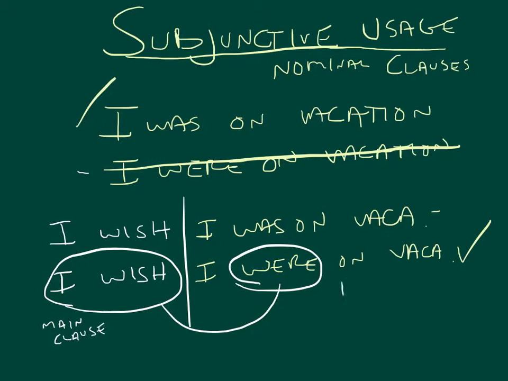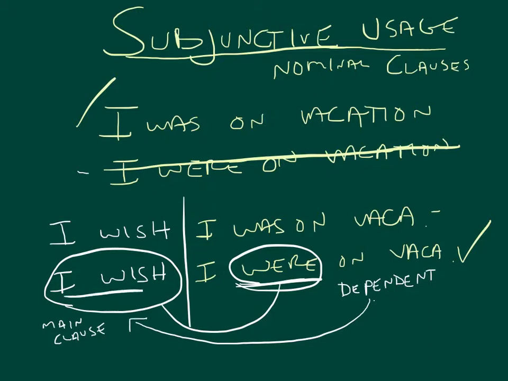This is known as the dependent clause, and this is an example of when we have the subjunctive in English. It's called the dependent clause because whether or not we put this verb in the subjunctive depends on what it says in the main clause here.